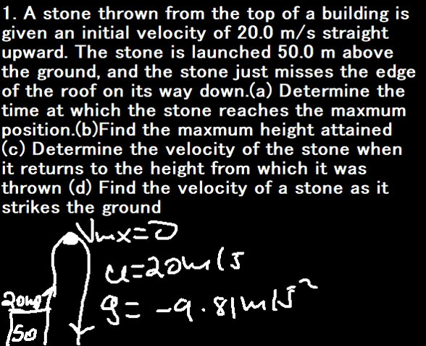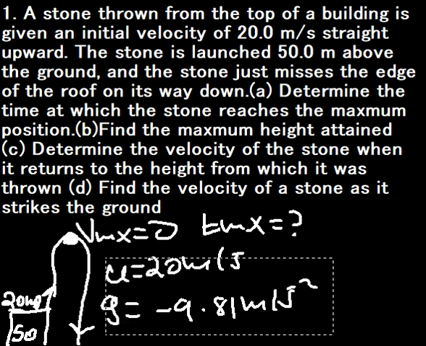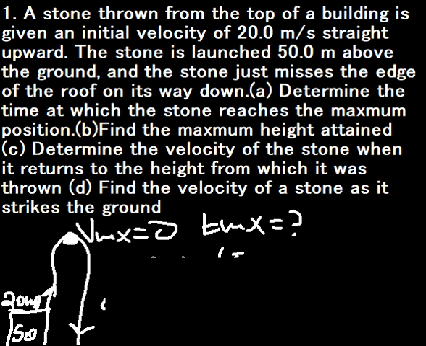Now, how should we be able to get the Tmax if this is the case? We are going to use the acceleration formula. Let me create some space here. We are looking for Tmax, having the initial velocity as well as the acceleration due to gravity and the final velocity at this point.